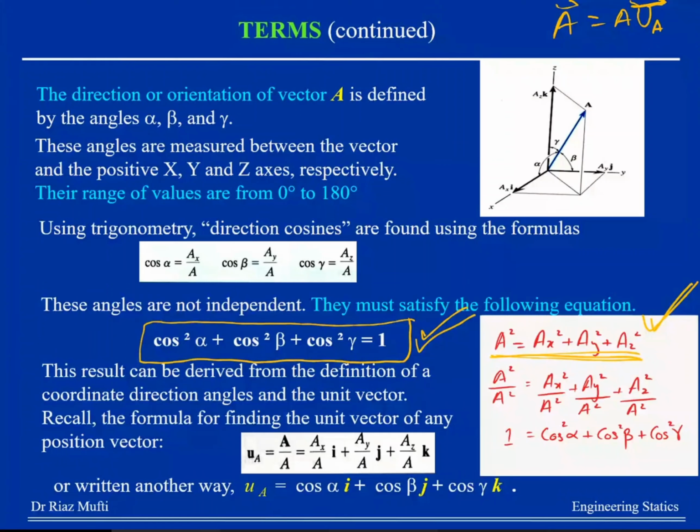Remember? So I can write unit vector a is equal to a vector divided by its magnitude. Very same thing is here. So the unit vector is basically equal to your vector divided by magnitude.